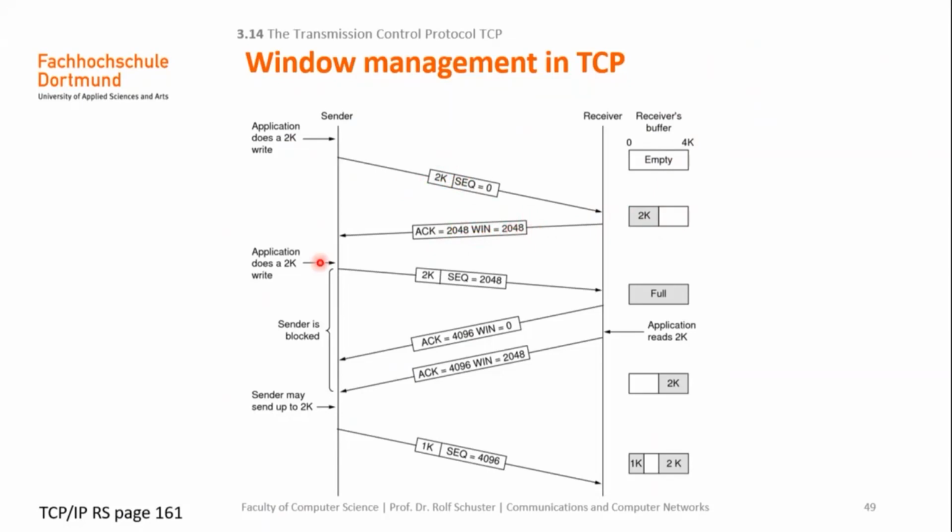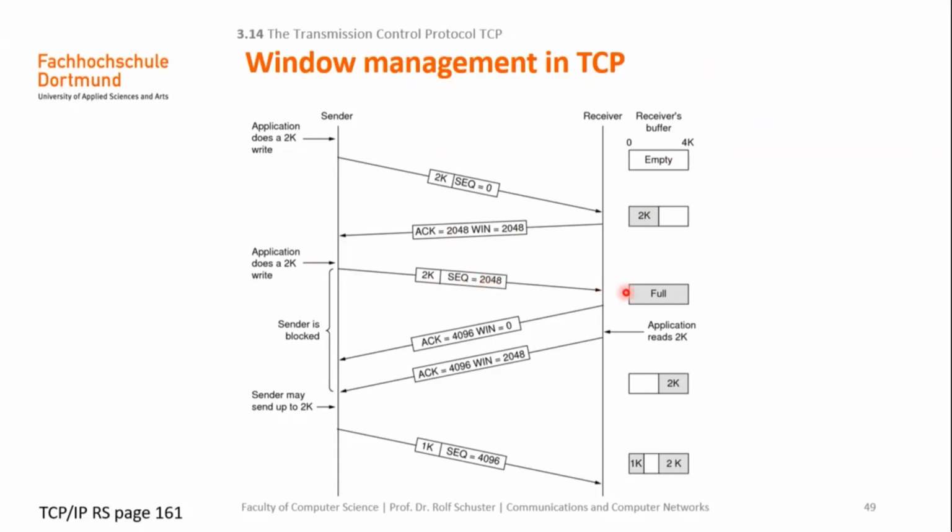And then the transmitter sends another segment with 2K bytes, starting at the sequence number 2K. Remember, with the notation of K bytes, 1K is in fact equal to 2 to the power of 10.